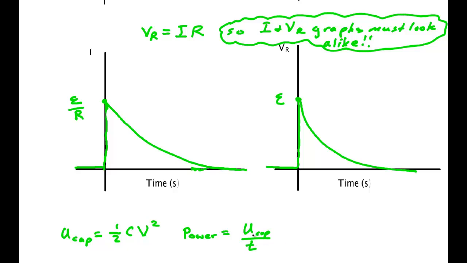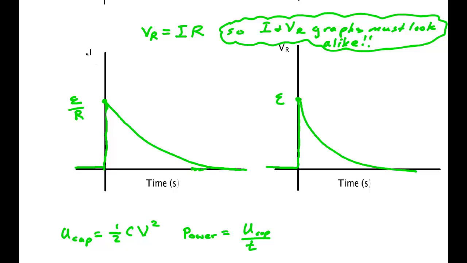So if you changed energy in no time, it takes an infinite amount of power. And nothing in the world has an infinite amount of power. In the case of the resistor, there is no energy stored. The resistor uses up energy. So it can have the current and the voltage change, because that doesn't mean an infinite power.